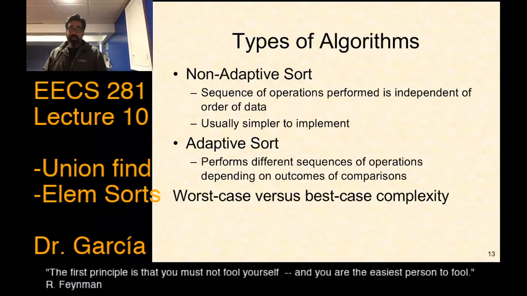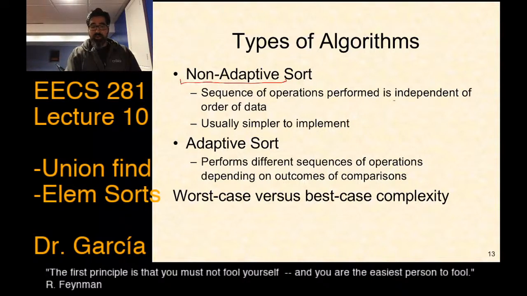So types of sorting algorithm, and we're often going to see this. There's a non-adaptive sort, which means that it doesn't take advantage of a potential state of the input array. Okay? So basically, all the sequence of operations is independent of the order of the data. Okay? Conversely, an adaptive sort might be able to perform better if the input array is, call it, somewhat sorted.